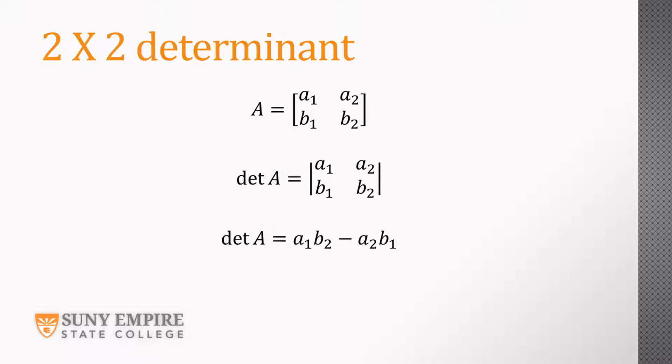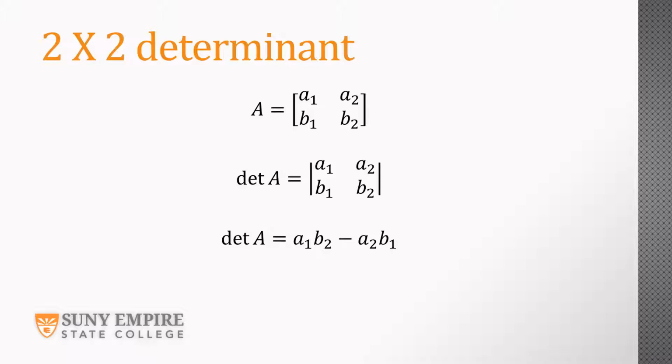First, let's consider the relatively simple 2 by 2 matrix. In general, these matrices equal A sub 1 and A sub 2, then B sub 1 and B sub 2.